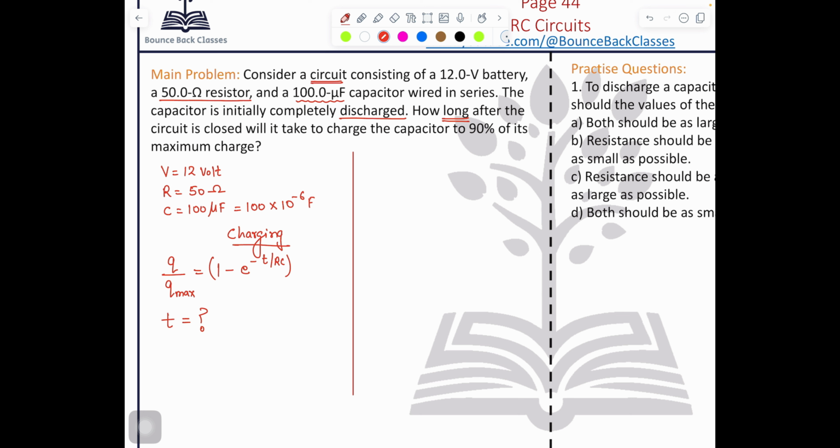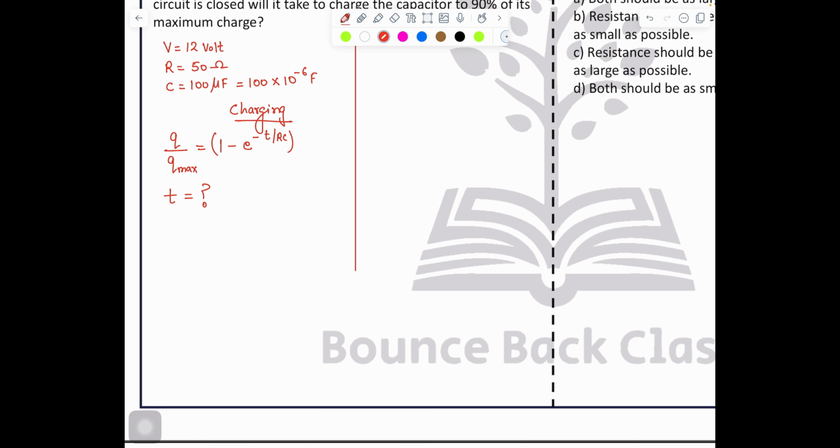How long will it take, after the circuit is closed, to charge the capacitor to 90%? In case of charging, you just need to apply the value. So Q over Q max is 90%, which means 90 divided by 100, equal to 0.9. Place the value in the formula.